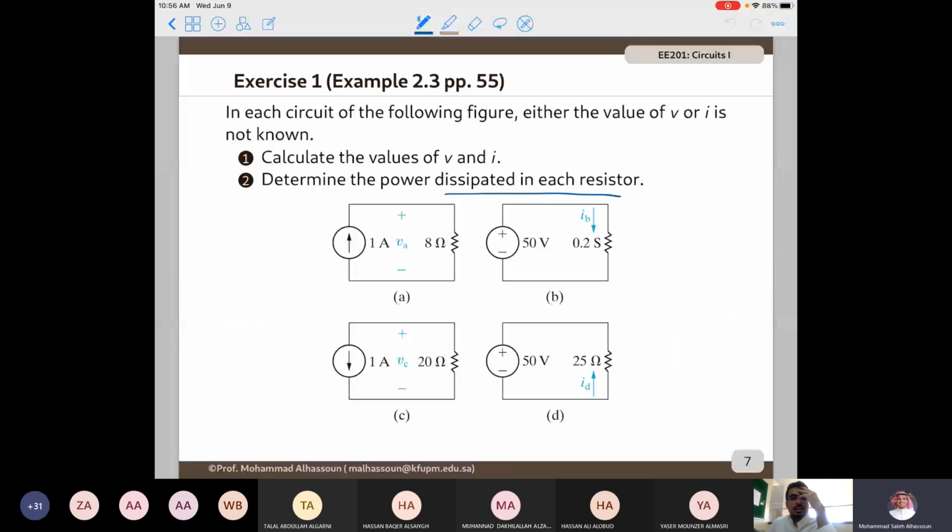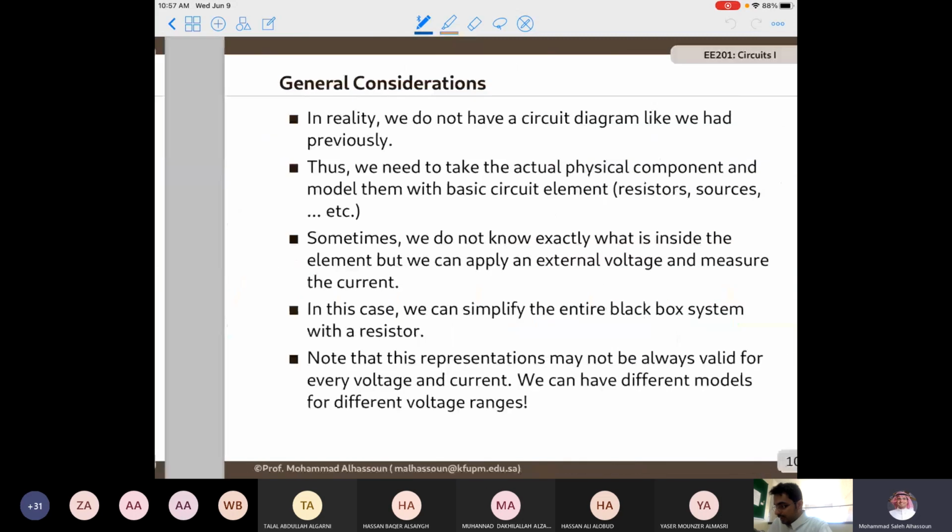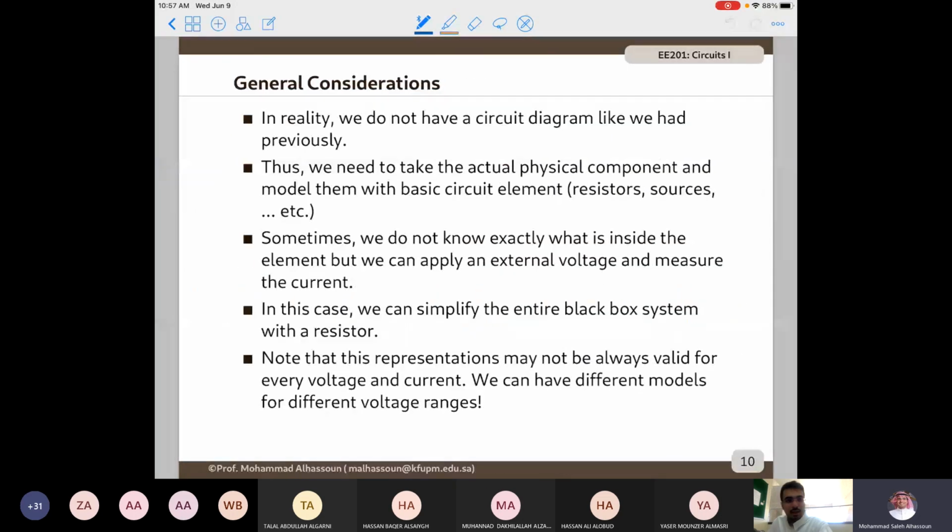Okay. So oftentimes you don't have a simple structure like this. In reality, you don't have a circuit where, if you look into it, you will see a voltage source, a resistor, and cables that are connecting these two elements. What you have in general is an electrical system.